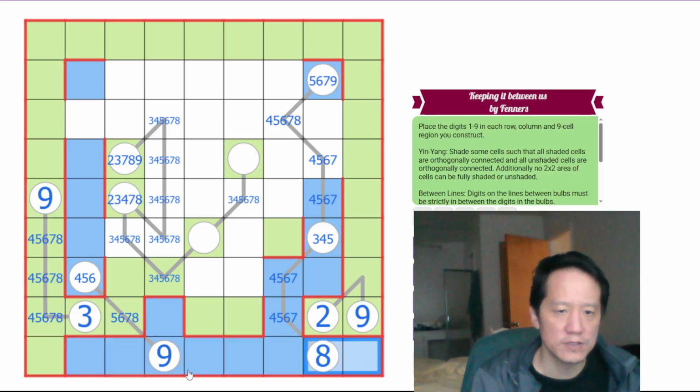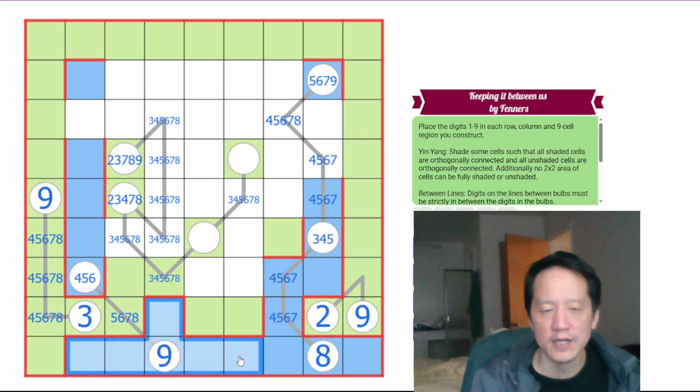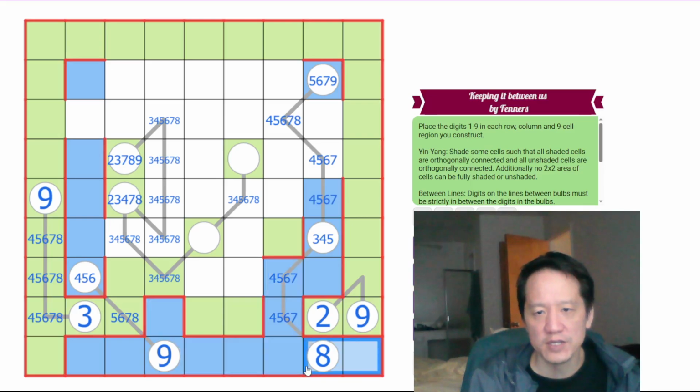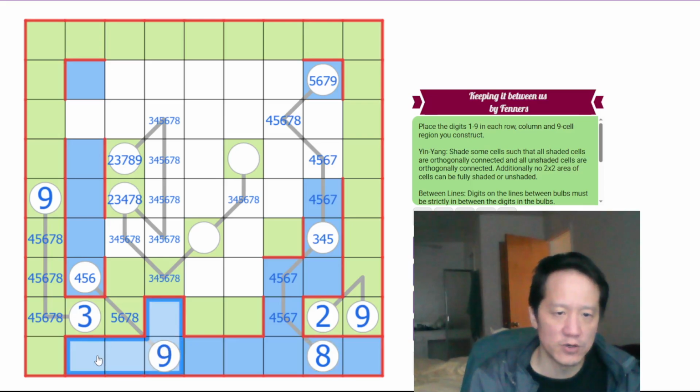So this is one. If we tried to make these separate regions, again, each region has to be fully shaded or fully unshaded. Well, if this is a separate region from this, only one of them can extend out here, and the other one would be smaller than 9 cells, which is not allowed. So this has to be all one region. 1, 2, 3, 4, 5, 6, 7, 8, 9.